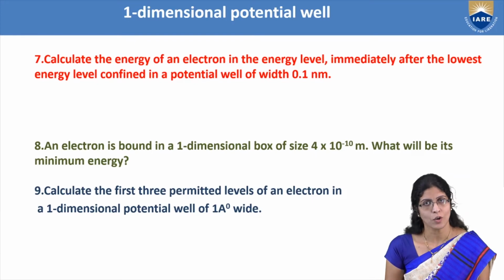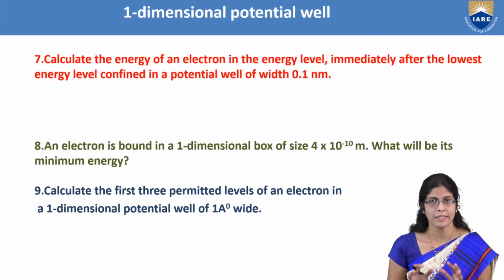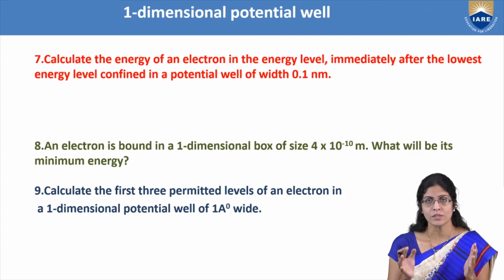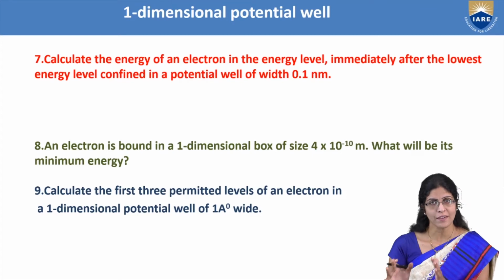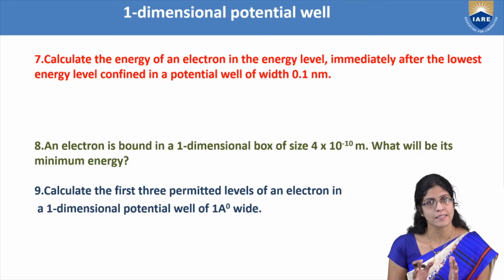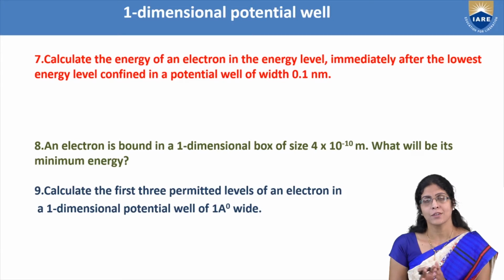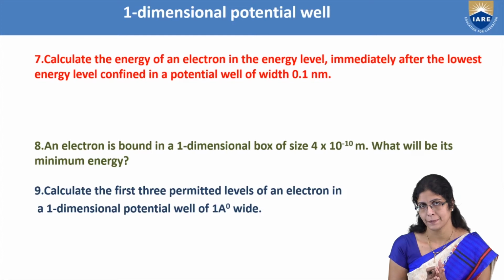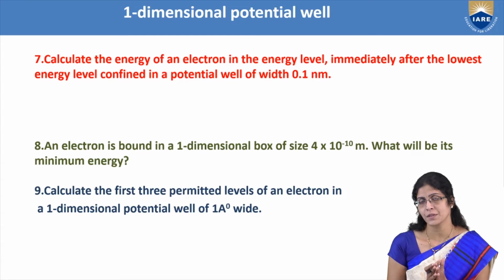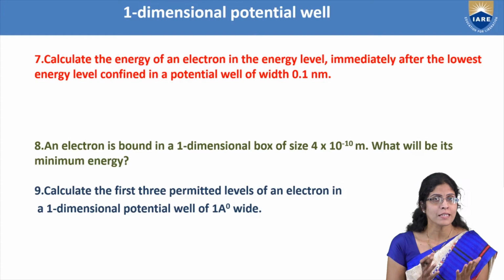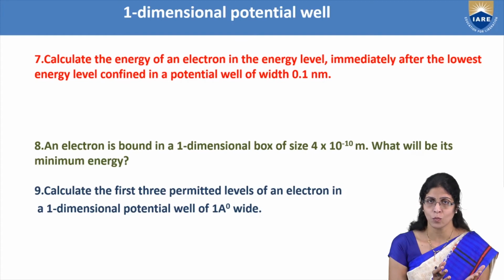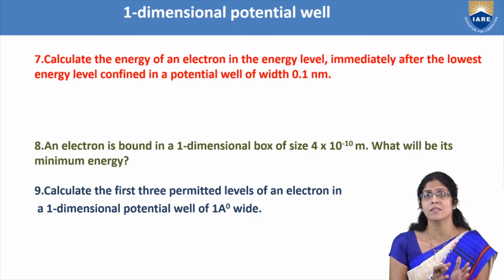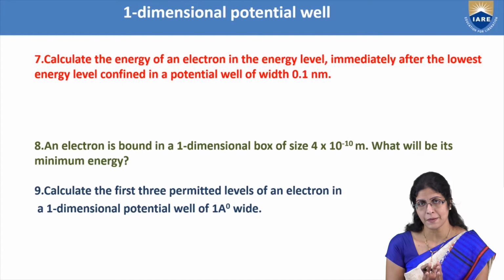If you can recollect the concept, there you have taken an electron in a potential well and subjected it to some conditions, and we have ended up at the wave function psi of n is equal to root of 2 by L sin n pi x by L. And you could also gather the probability by taking the square of it, psi square, which is the Born approximation. If you are given any finite space, you can multiply with that particular volume and then get the probability of the existence of the electron in that particular space.